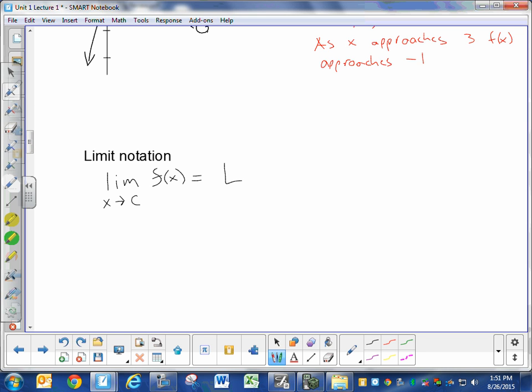This is read: the limit as x approaches c of f of x is L. C being an x value, an input; L being a y value.